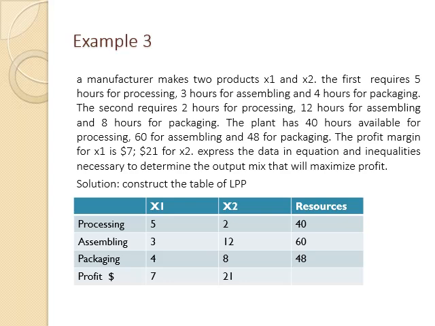Example 3. A manufacturer makes two products, X1 and X2. The first requires 5 hours for processing, 3 hours for assembling, and 4 hours for packing.